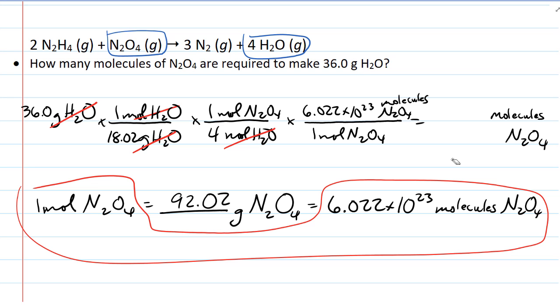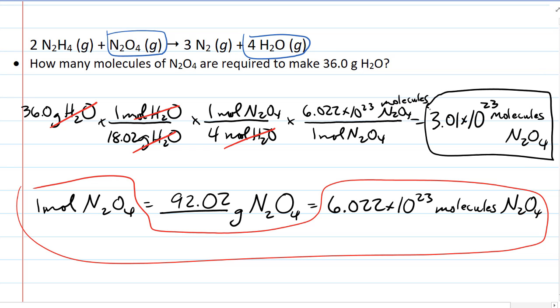How many significant figures should be in the answer? 3. So this should be rounded off to 3.01 times 10 to the 23rd molecules of N2O4.